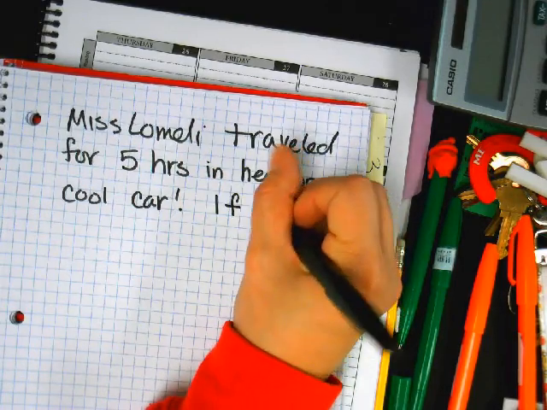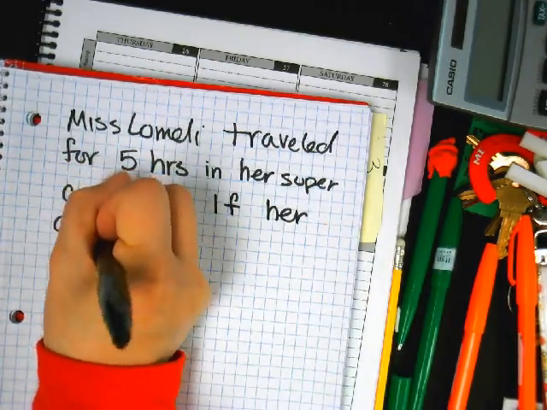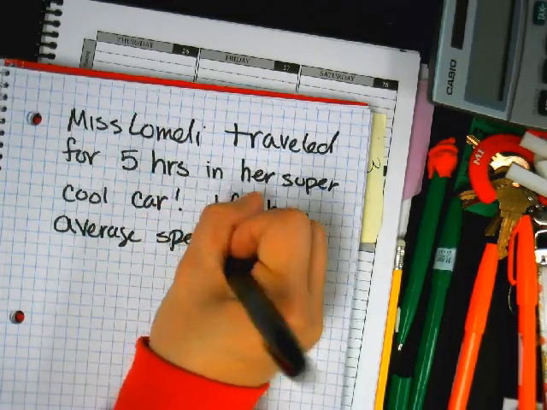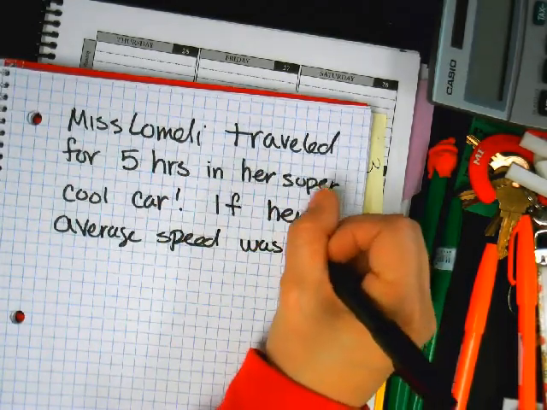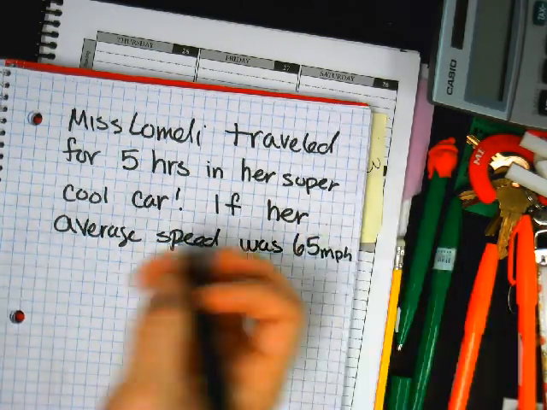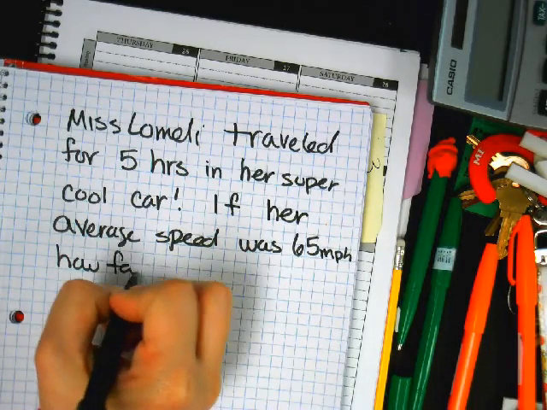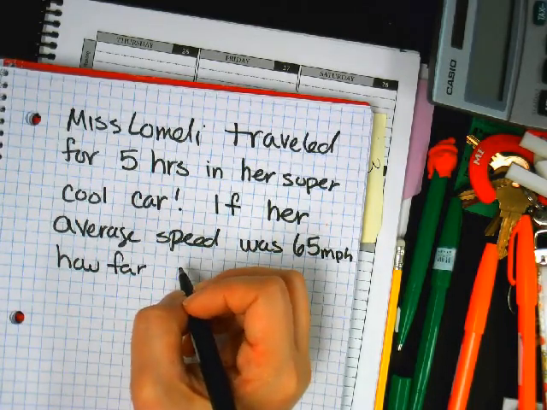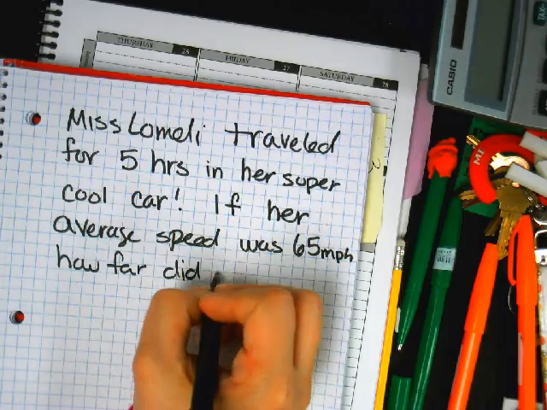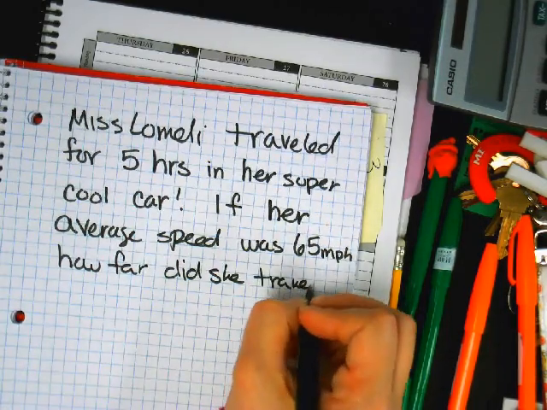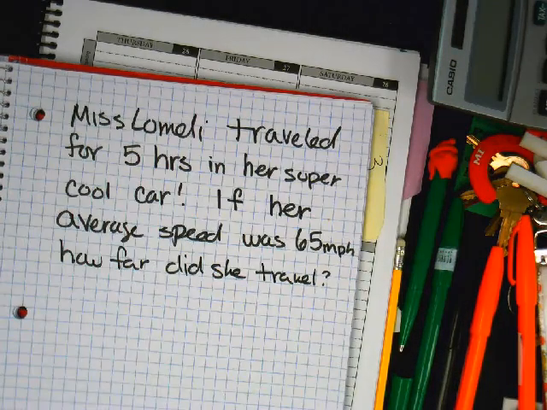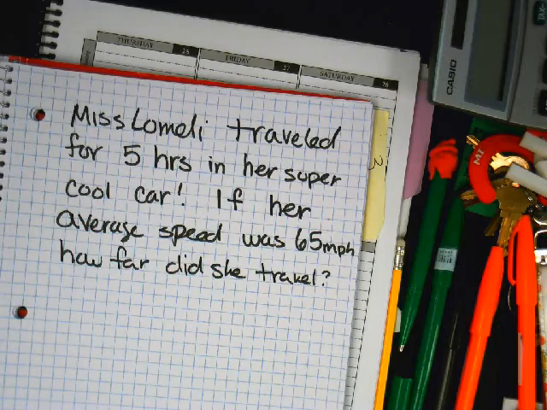If her average speed was 65 miles per hour, how far did she travel? Question mark. All right, Miss Lomelli traveled 5 hours in her super cool car. If her average speed was 65 miles per hour, how far did she travel? Far enough to go to Las Vegas.